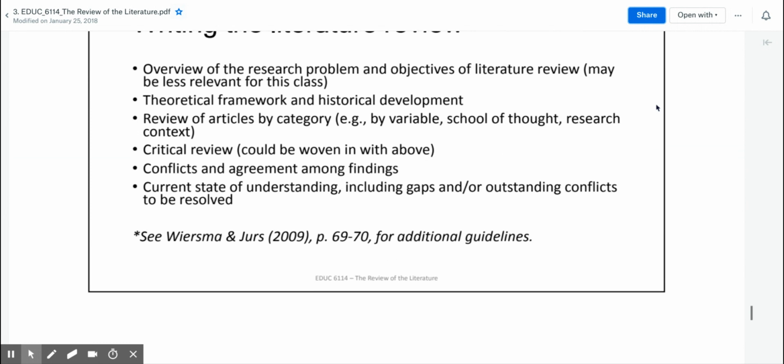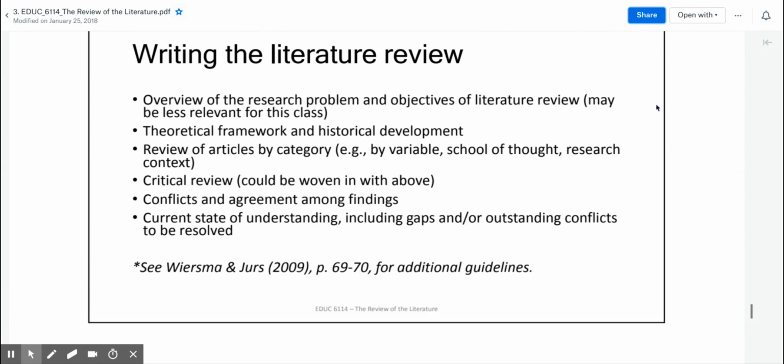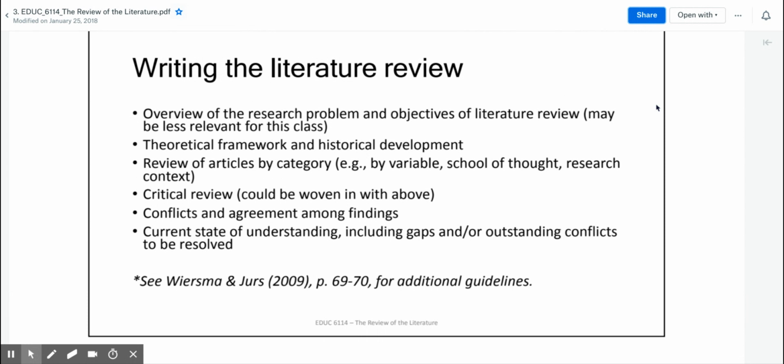Summarizing, writing the literature review. That's it. Writing the literature review: overview of the research problem, theoretical framework, review articles by category. We already talked about it. And then a critical review, or critiques of those reviews, and then you identify any conflicts.